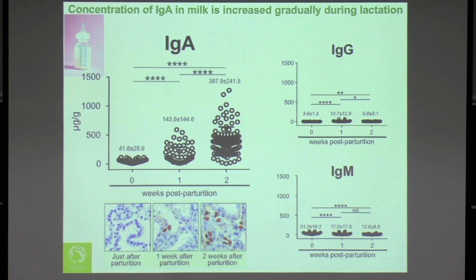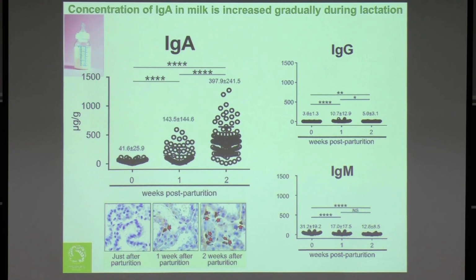So in this case, we collected milk 0 weeks just after parturition, 1 week after parturition, and 2 weeks after parturition, and then performed the quantitative ELISA analysis in order to look at the concentration of 3 different types of immunoglobulin. And what we learned was actually consistent with flow cytometric and immunohistochemical analysis.